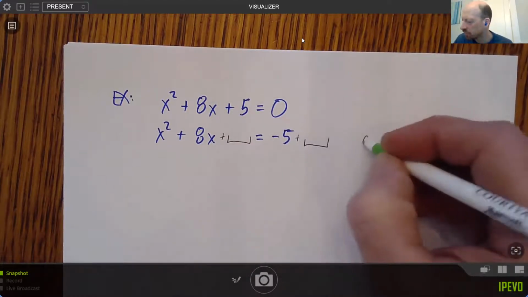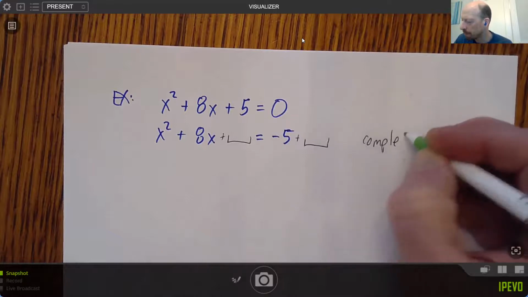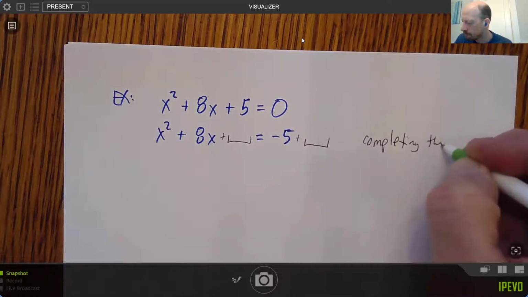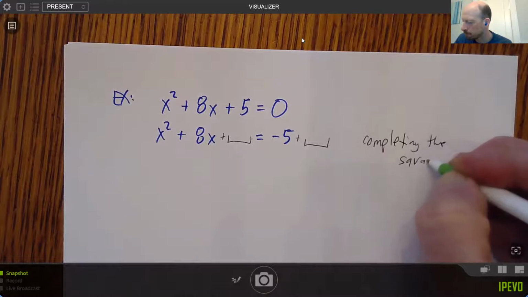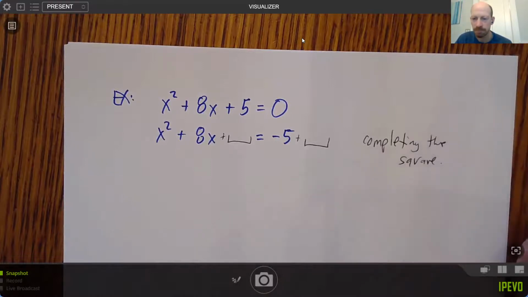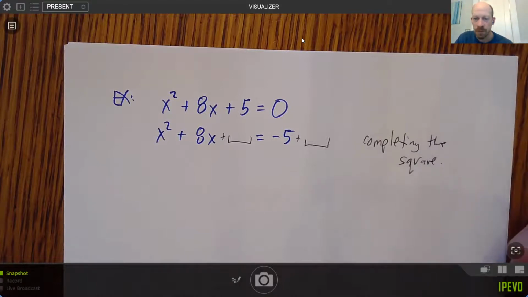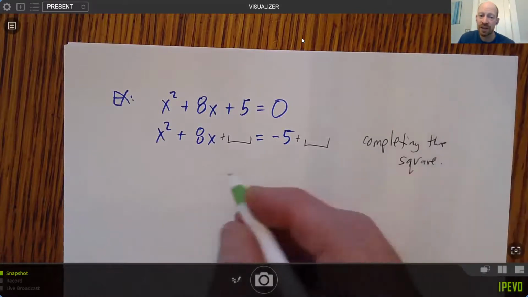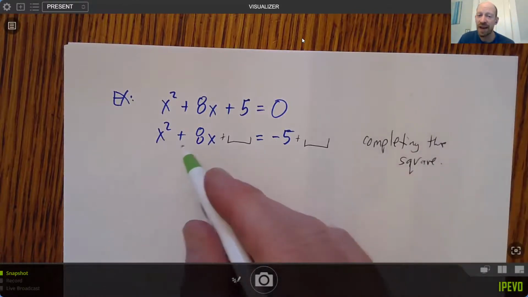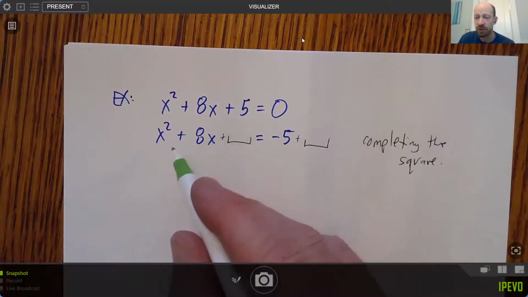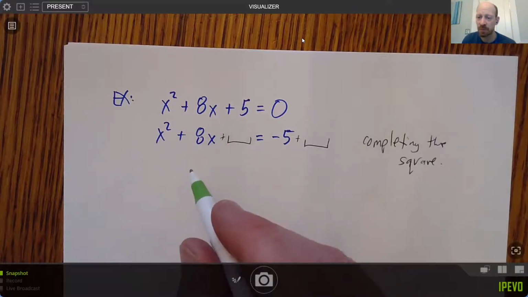This strategy is called completing the square. I want to add just the right thing so that this left side is going to factor as a perfect square, just like the last problem.